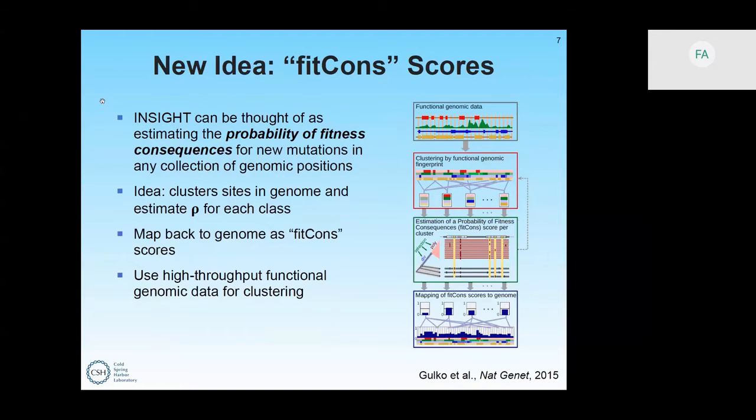So we're now going to take this quantity rho, the fraction of nucleotides under selection, and interpret it as what we call a FitCon score, a score indicating the probability that a new mutation in a collection of sites across the genome will have some impact on fitness. And now we can map those scores back to the genome. So for a particular cluster, one of the 600 clusters, we get an estimate of rho of, say, 0.15.